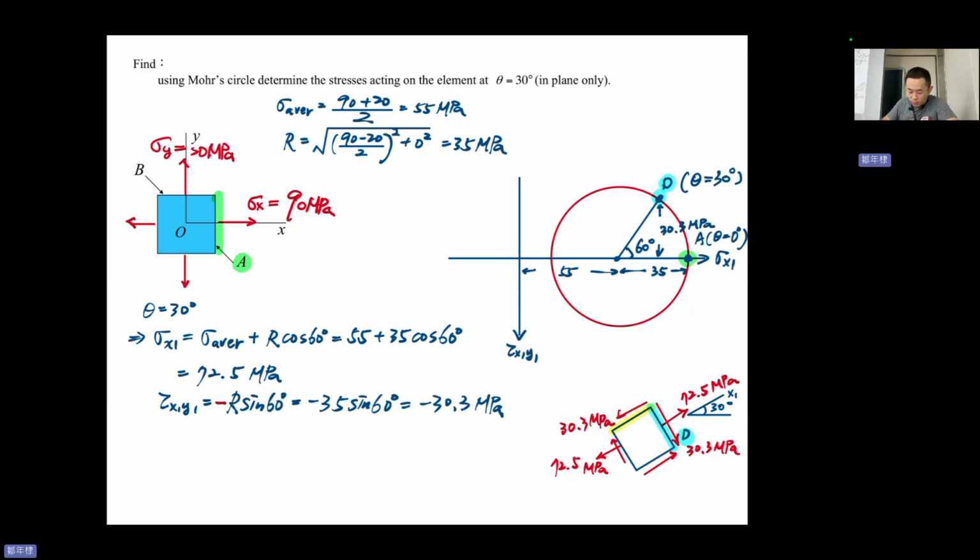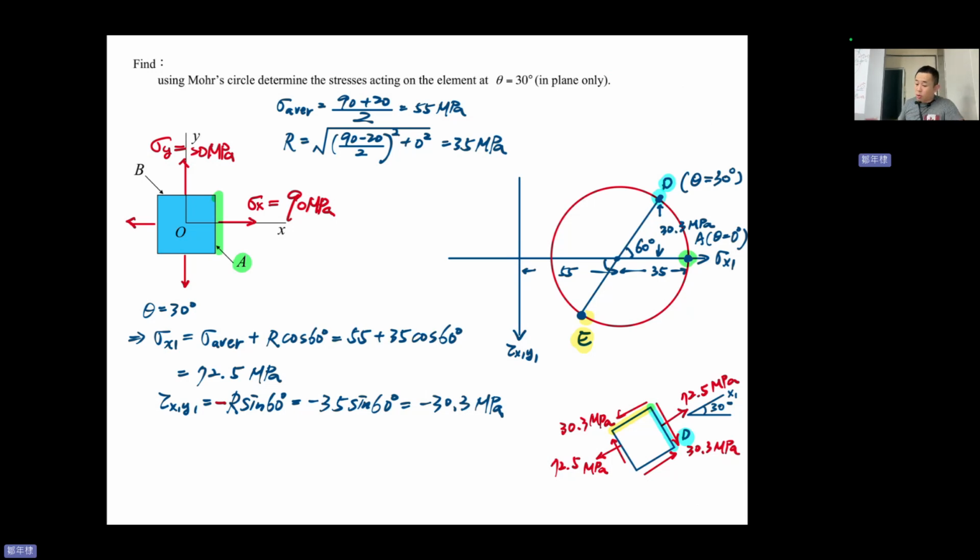In the small circle, 90 degree in the real world becomes 180 degree in the small circle world. So I will call it plane E. And of course, this is 60 degree.